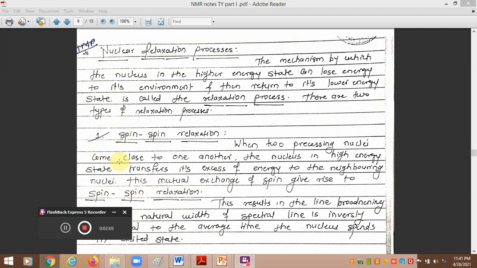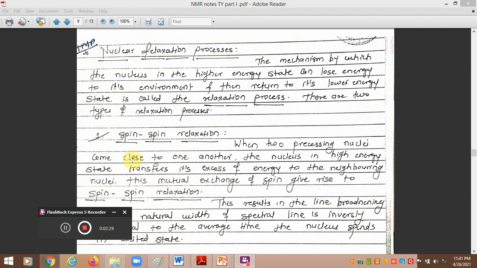In this mechanism, two precessing nuclei come close to one another, and the nucleus in the higher energy state, the excited state nucleus, transfers its excess energy to the neighboring nucleus, and this mutual exchange of spin gives rise to spin relaxation.